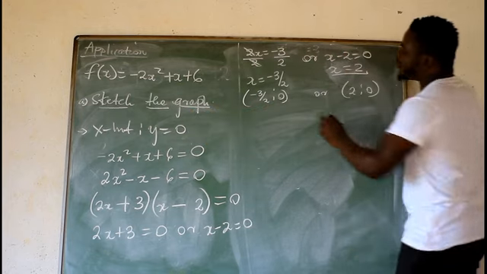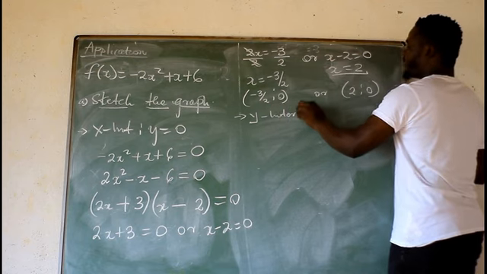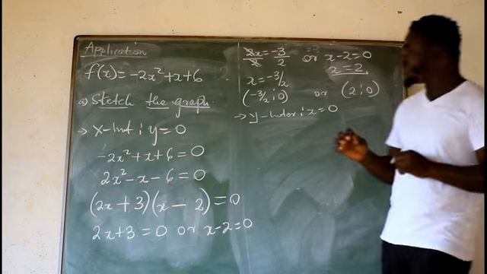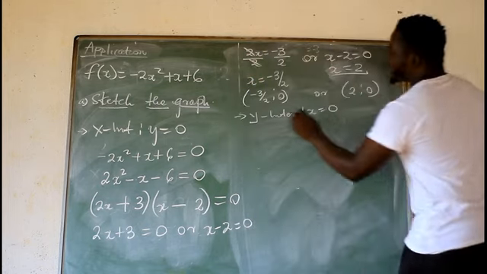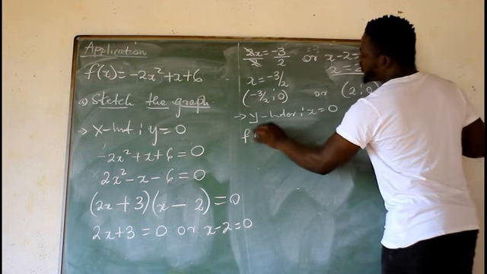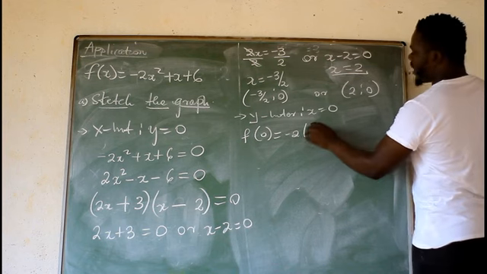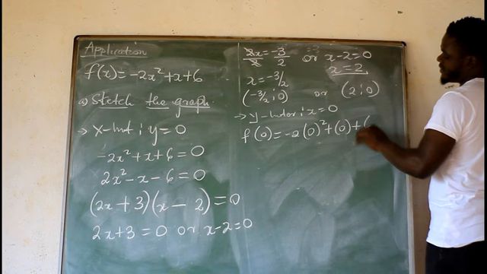Then you're going to find the y-intercept. The y-intercept of this graph, such that x equals 0. Now for the y-intercept, x equal to 0, then you're going to have f of 0, which equals negative 2 times 0 squared plus 0 plus 6.